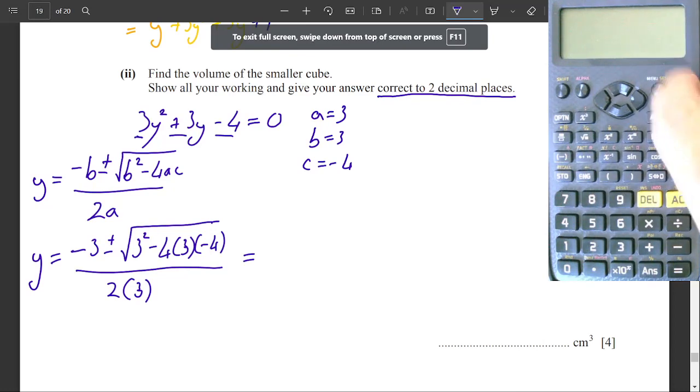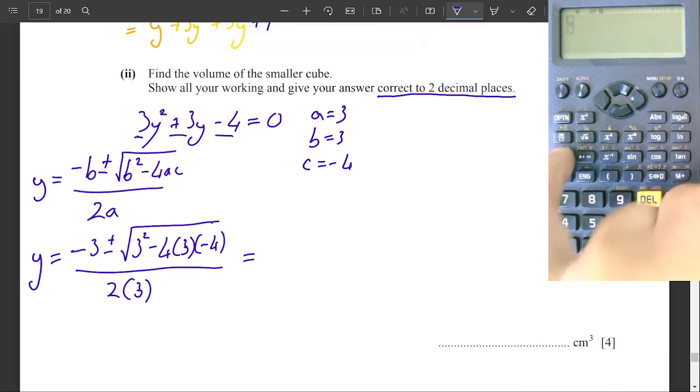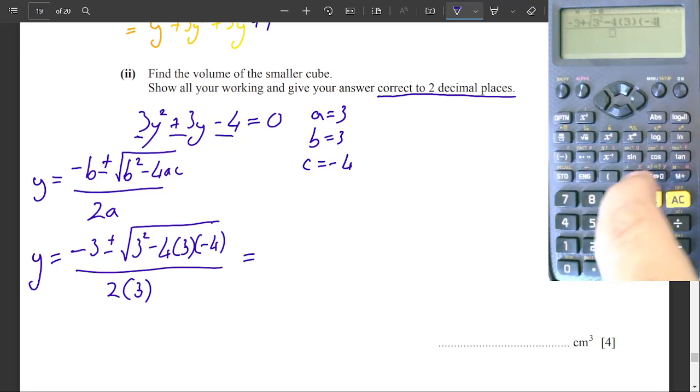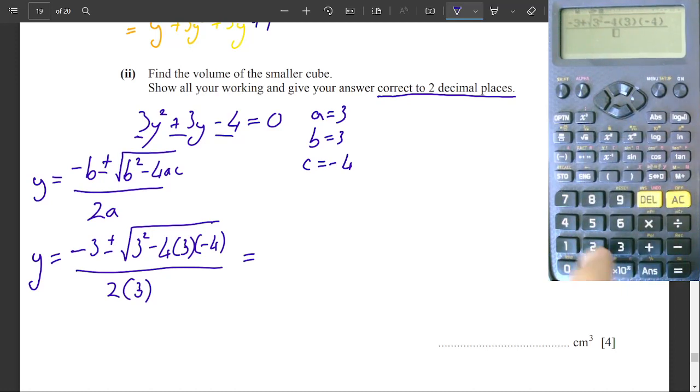Right, calculator. And put it in. So fraction, negative 3. Let's do the positive first. Square root of 3 squared minus 4 times 3 times negative 4, over 2 times 3, equals. So our one answer is 0.758.